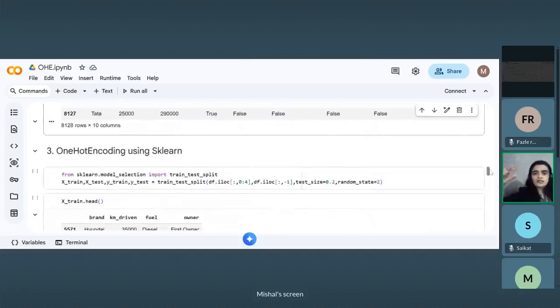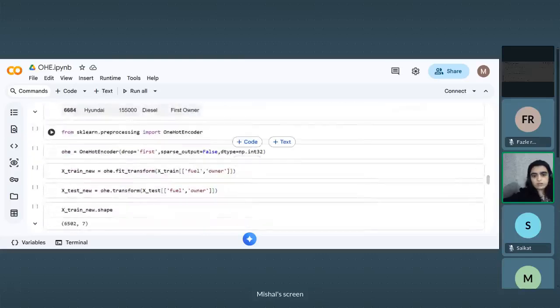Now we can do the same thing with the help of scikit-learn. In scikit-learn, we have a function named OneHotEncoder. The technique's name is the same. It's one hot encoding, and we need to import it first.